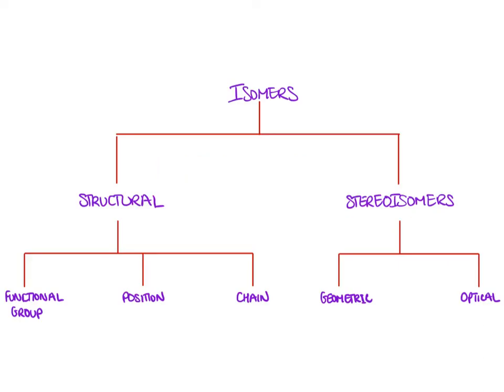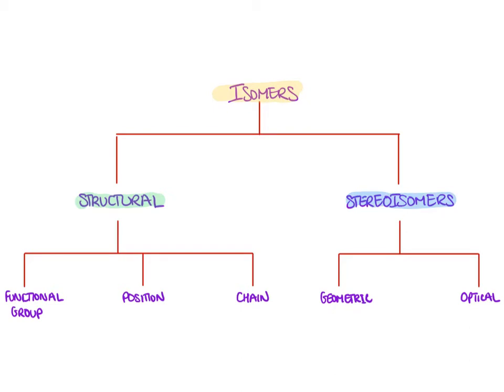So one way of showing the different forms is, as I've done here, like a family tree. So everything in this family tree is an example of an isomer, right? So we've got isomers at the top there. We can then get 2 classes of isomers, I guess, is one way of putting it. We can have structural isomers, or we can have stereoisomers.